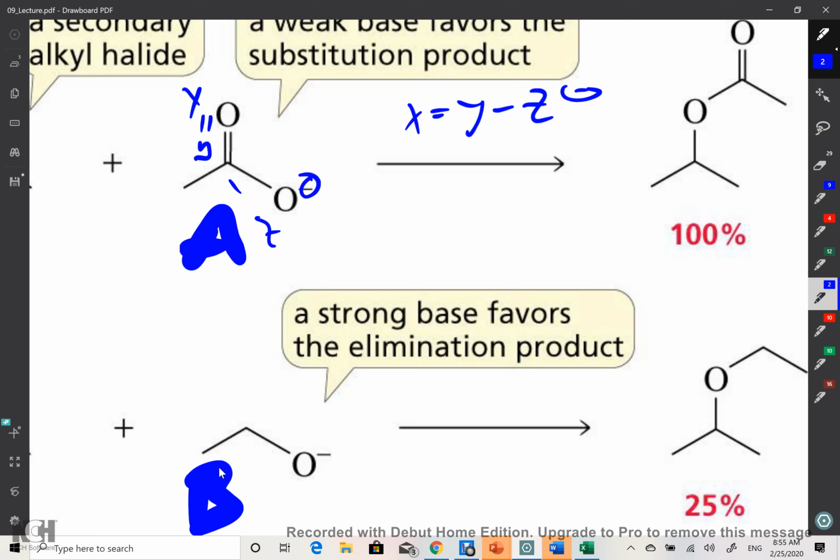So A can undergo resonance. Because A can undergo resonance, it makes A more stable. And if A is more stable, then A is a weak base. And if A is a weak base, then A will prefer to undergo substitution. Does that make sense? Are we on the same track, guys? Okay.